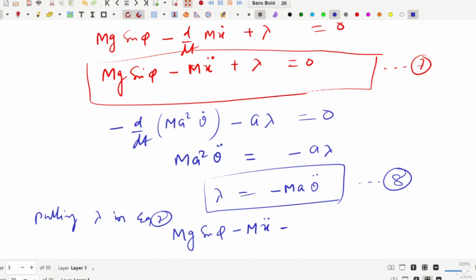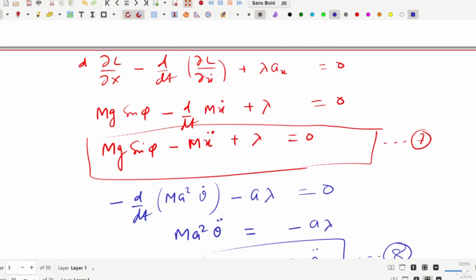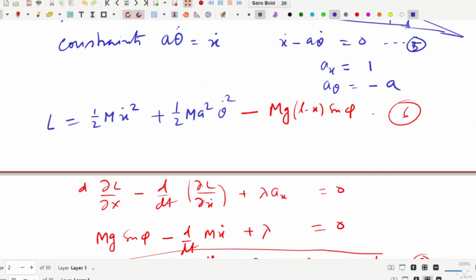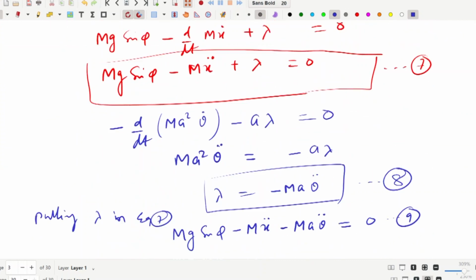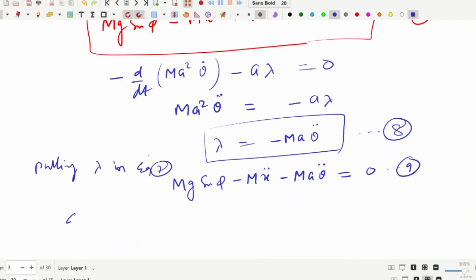Okay, we also have to consider the constraint equation that we have not used yet. So let me put lambda equal to minus m a theta double dot, but x double dot and theta double dot have to be related to find x double dot. So this is equal to 0. Let this be equation 9, but we also have to use the constraint equation, which is equation 5. Equation 5 says x double dot equals a theta double dot.